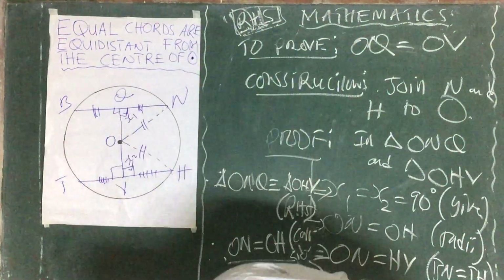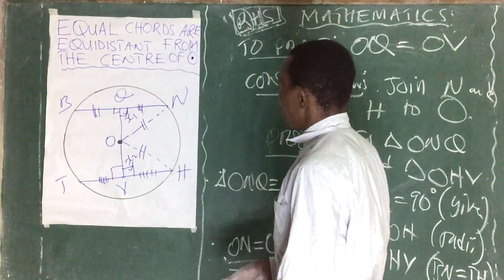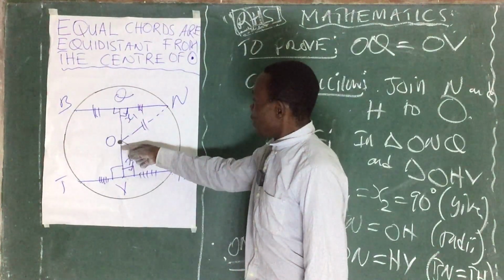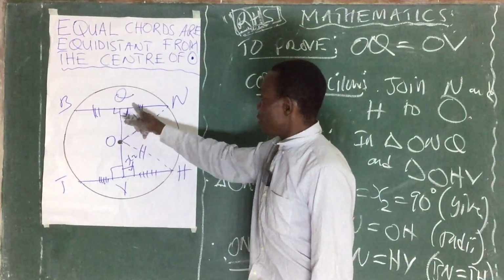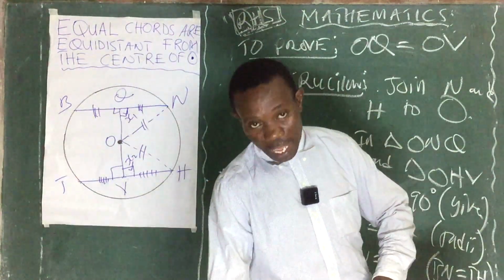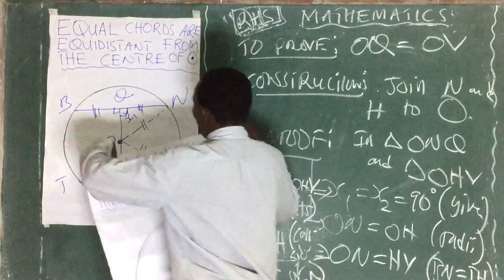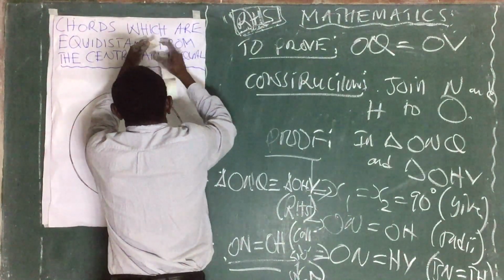Right. So conversely, we can just have the opposite, which says that if the two chords are equidistant, then it means the chords are equal. Here, I will just explain the converse.